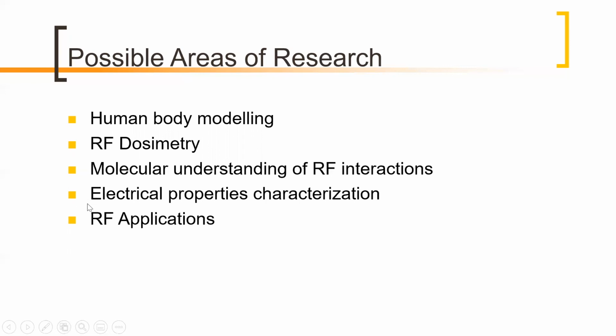An interesting area that I've employed in one of my research is electrical properties characterization. That is, we want to be able to apportion a set of dielectric constant and conductivity values to some tissue types. So you want to be able to measure, to some level of accuracy, that this tissue has these dielectric properties. And by knowing the dielectric properties, we are able to understand how the RF will interact with the tissue.